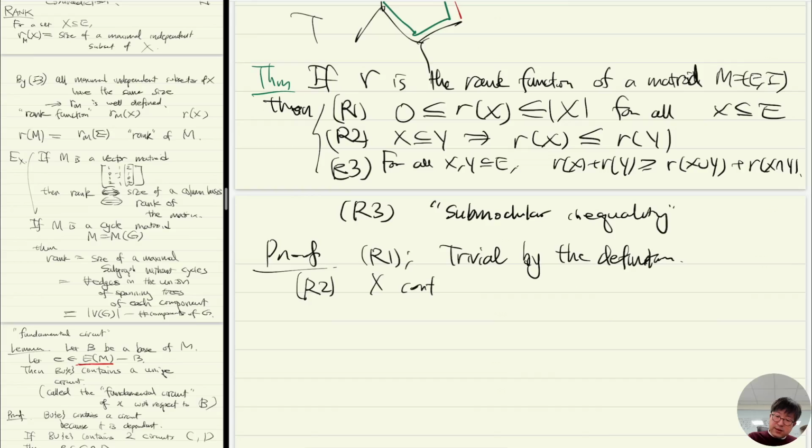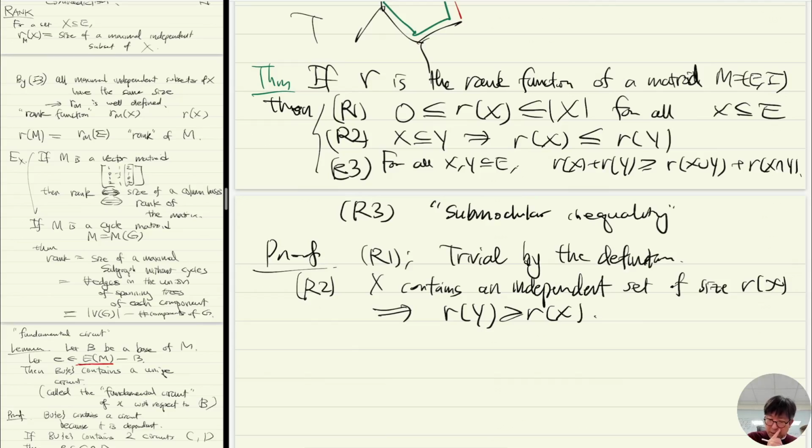X contains an independent set of size rank of X, so that means rank of Y has to be at least rank of X. This is by I3 in some sense, because all maximal independent subsets of X, Y have the same size, which is the rank.